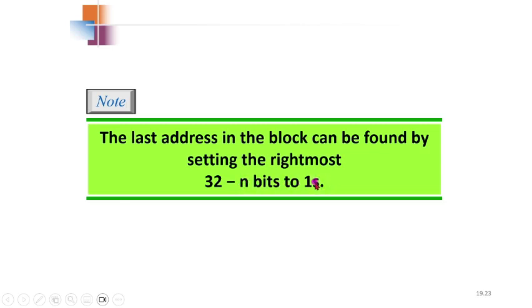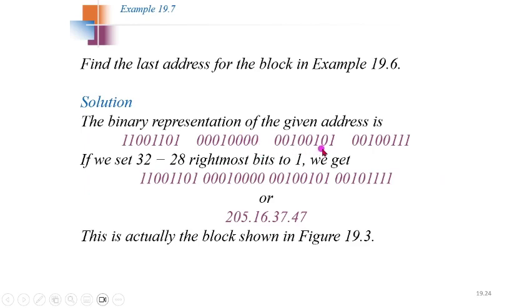In the same example, with the address given, the last four bits will be made 1. Now it is converted to its decimal equivalent, and this will be the last address.